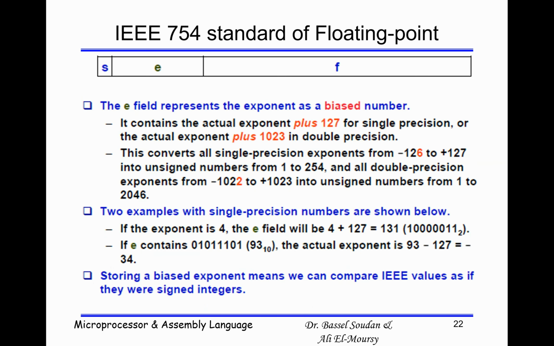The biasing here has the purpose of ensuring that I don't have any negative numbers for the exponent. As indicated for the IEEE standard, the exponent is 8 bits.